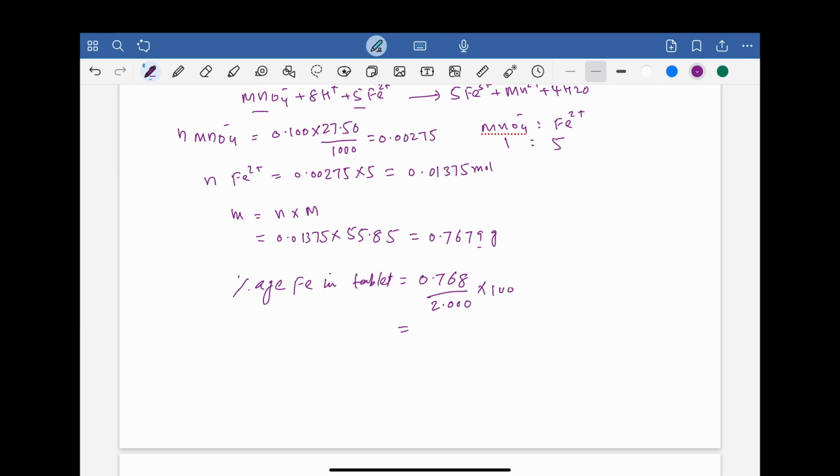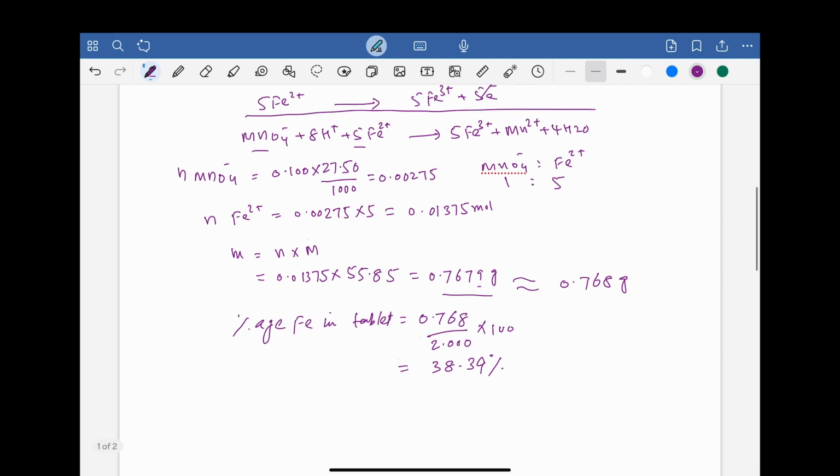So that will give me 38.39%. Let's go back and see what else they have asked us. So we have found the mass, which is equal to 0.768 gram, and the percentage is 38.39.